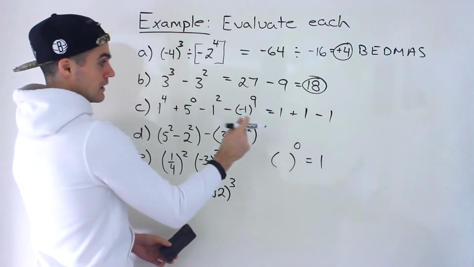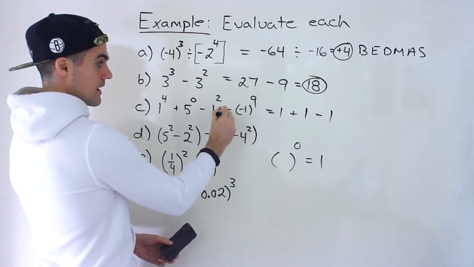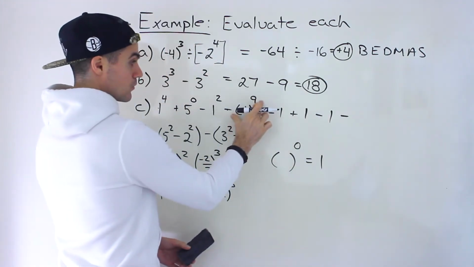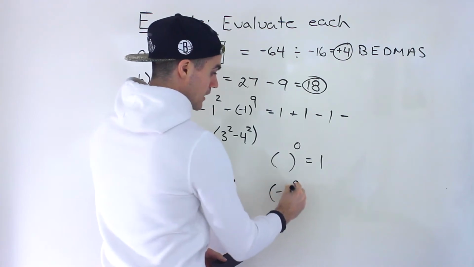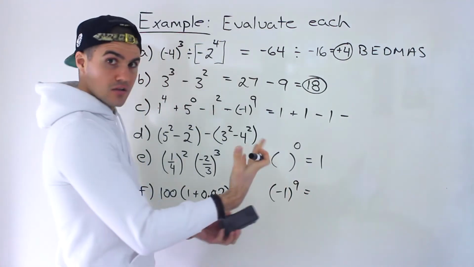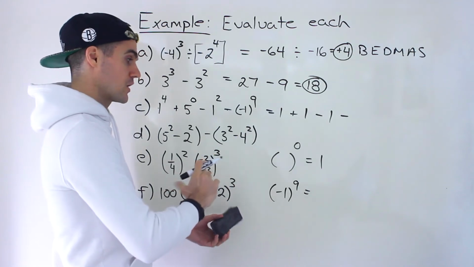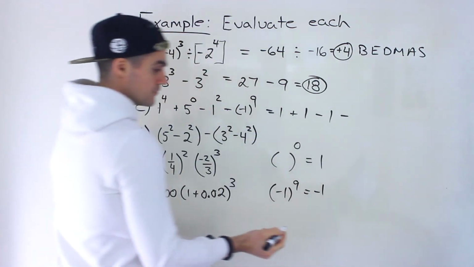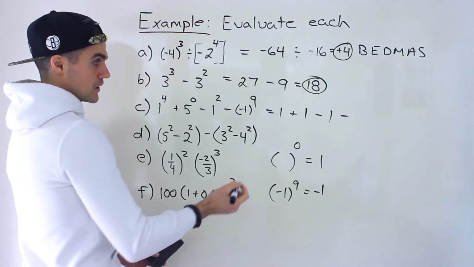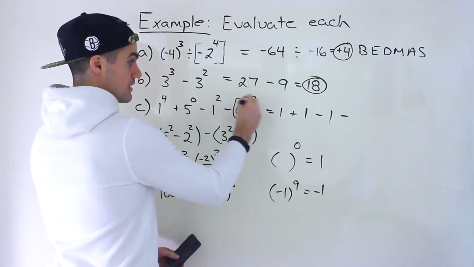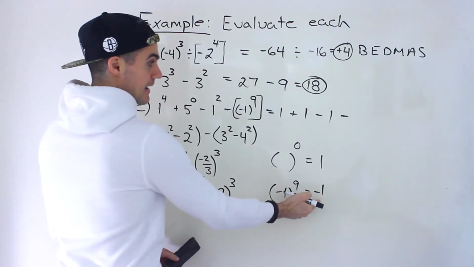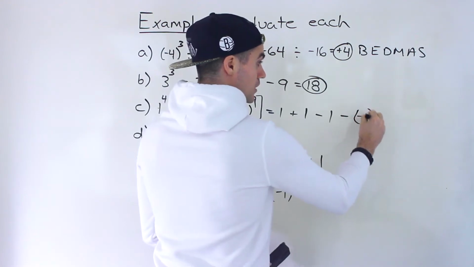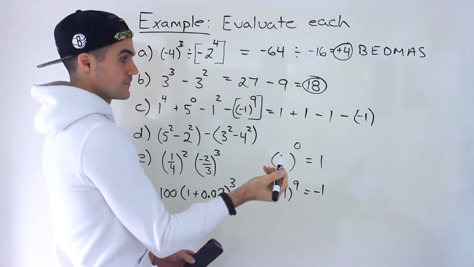And then over here, be careful, because we have minus, and then we have this entire exponential expression. So we got to work with this first. Negative 1 to the power of 9, negative 1 to the power of an odd exponent, as we've gone through before, is just negative 1 all the time. So this entire thing here is negative 1, so we're subtracting negative 1. So the negative 1 here would go in brackets.